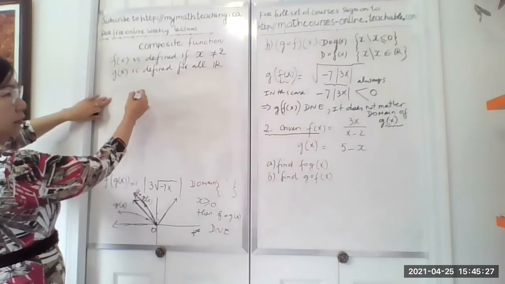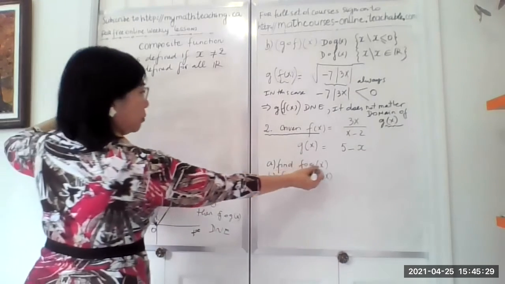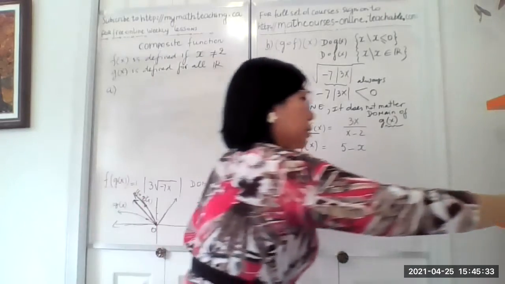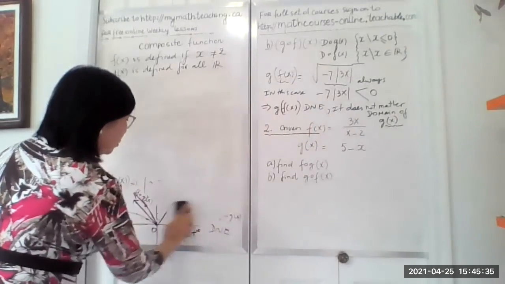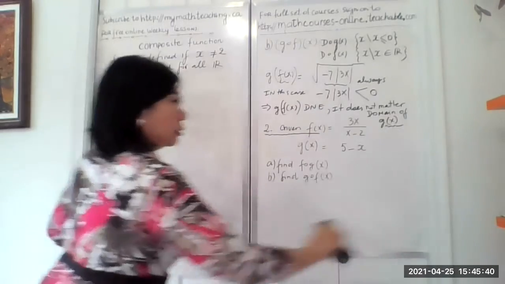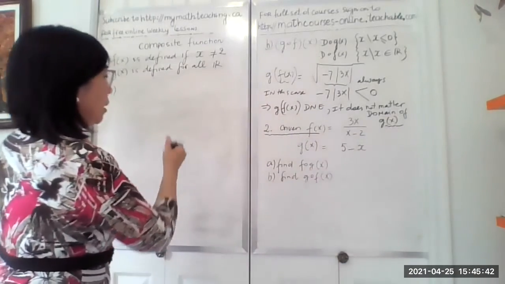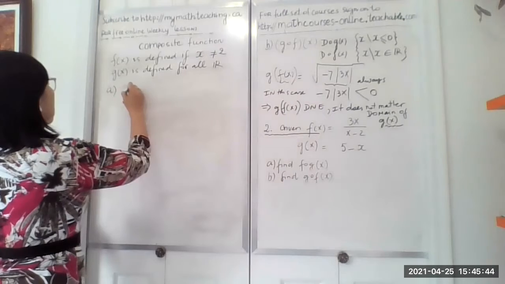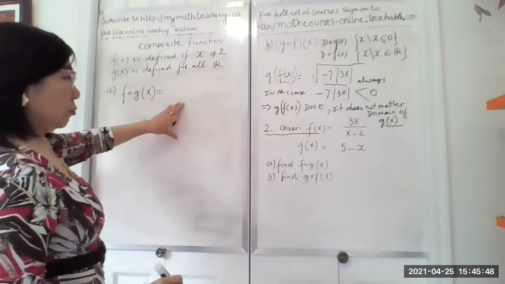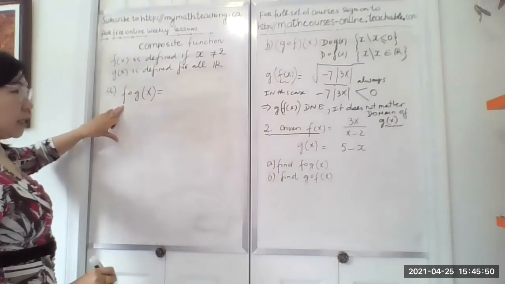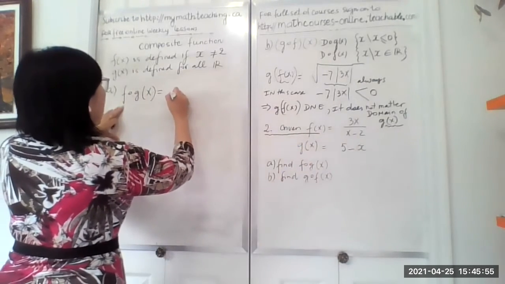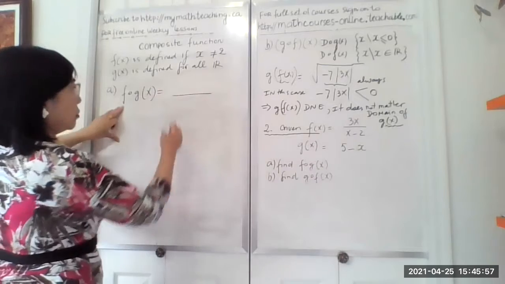So now let's find f of g of x. We do A, and let me write this down here as well. f of g of x will be equal to, the function outside is the f function. So we have a rational function.